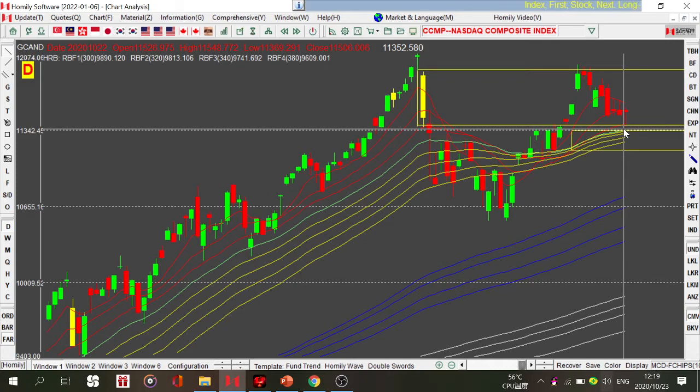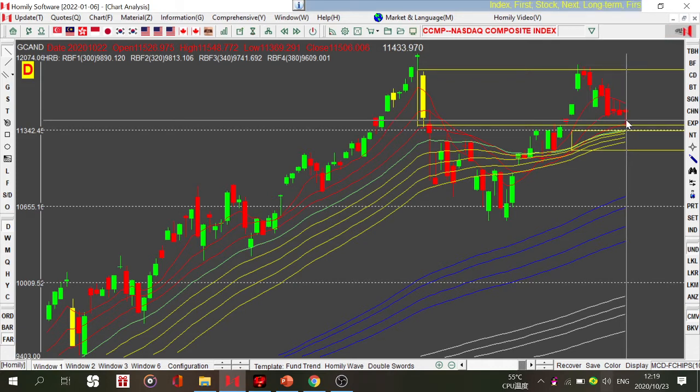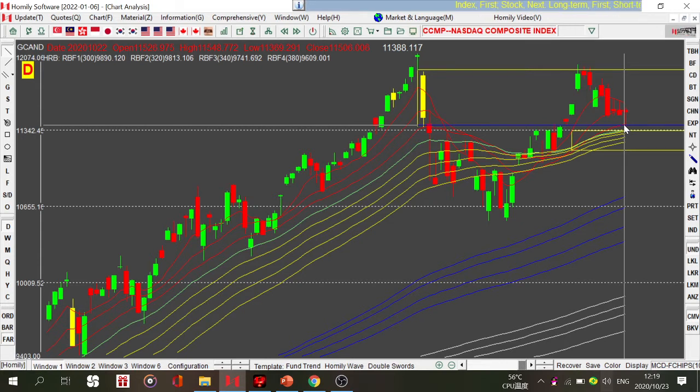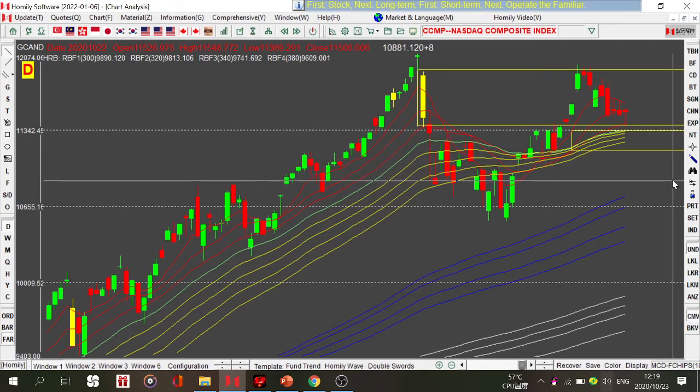In that case, maybe the final result will have to be postponed to maybe the end of this year or even early next year. So we have to suffer a longer period of uncertainty. That's the last result we want to see, right? It would be the worst for the stock market, right?